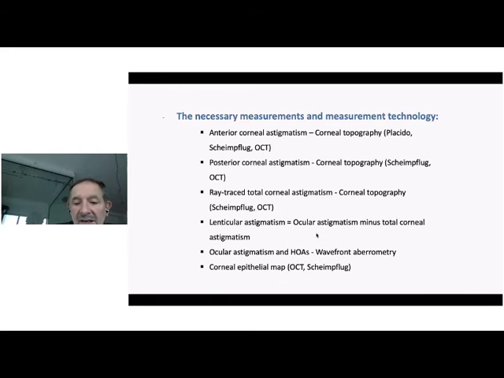Use it as a guide to have an idea what to do. And of course, the corneal epithelial map, which in this case was not so important, but in most of the regular rare cases is totally inevitable.